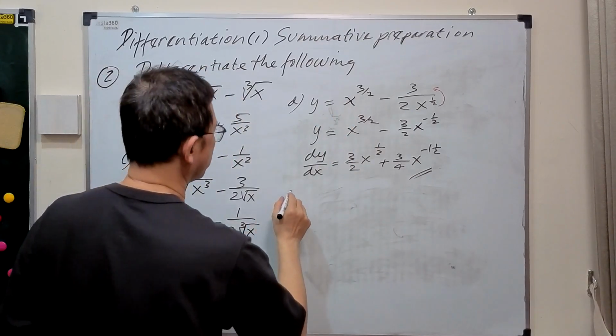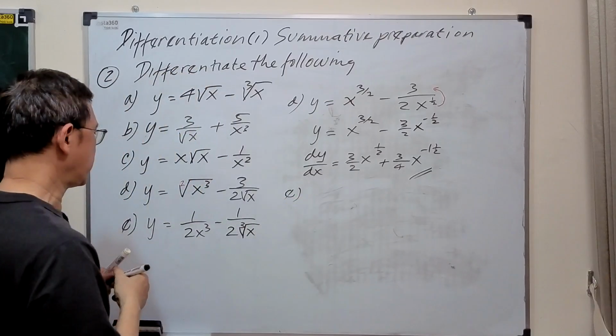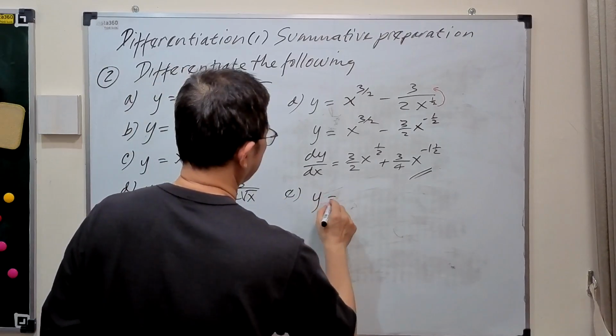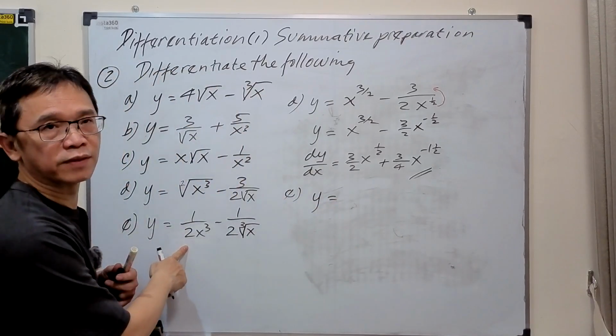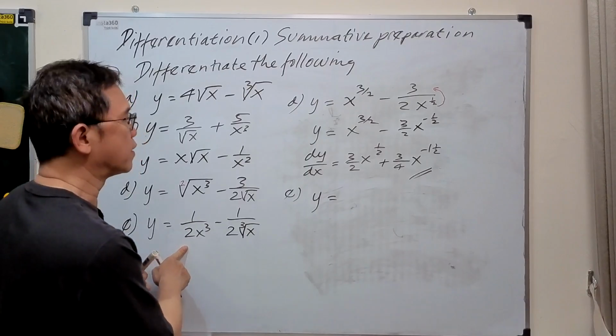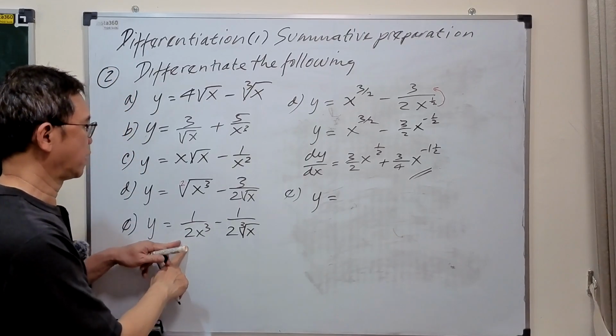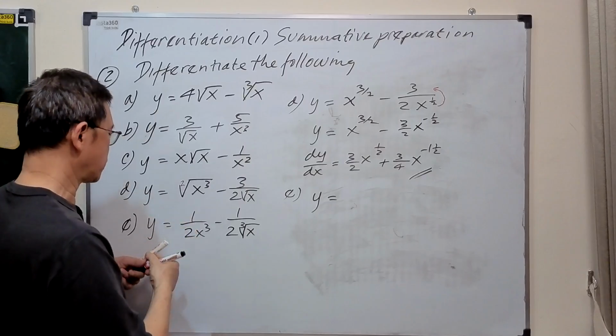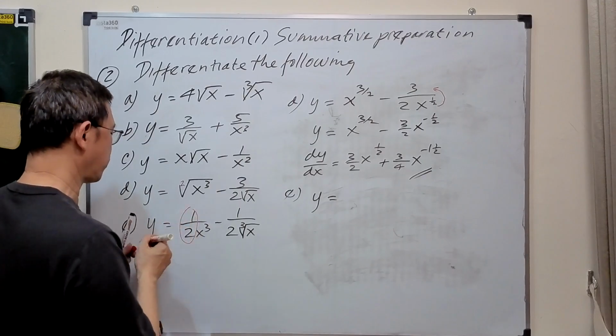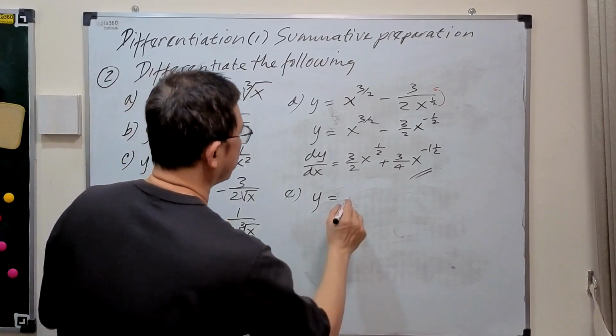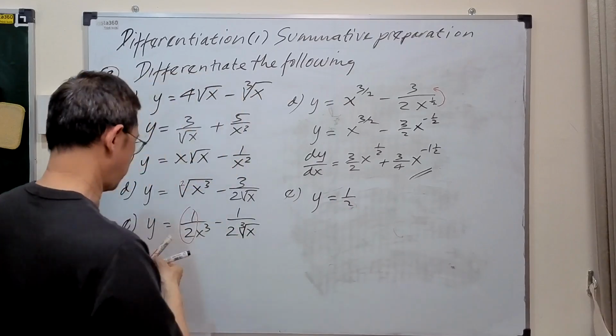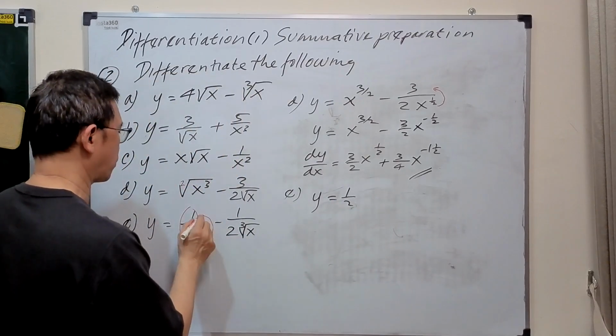And then continue. Lastly, for E, express this in the form that is ready to be differentiated. Then we treat this still as a fraction of half, but the x cubed, you move it to the top.